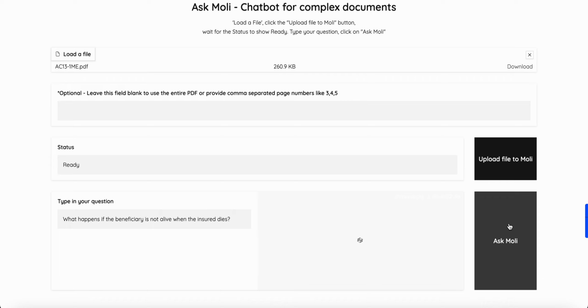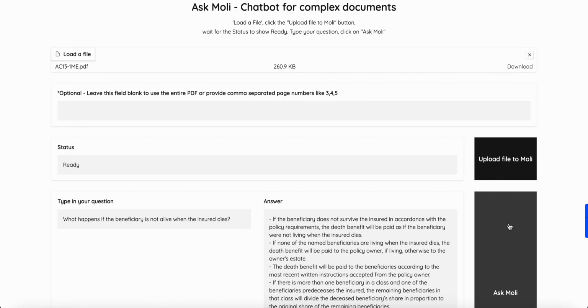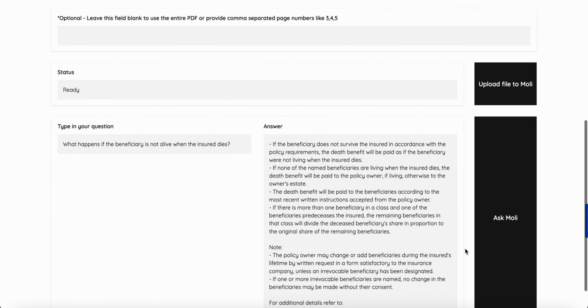What the LLM model is saying is, for this question, the answer says that if the beneficiary does not survive the insured, so if the beneficiary is not alive at the death of the insured person, then the death benefit will be paid as if the beneficiary was not living. Essentially what they're saying is, if none of the beneficiaries are living when the insured dies, then the death benefit will be paid to the policy owner.